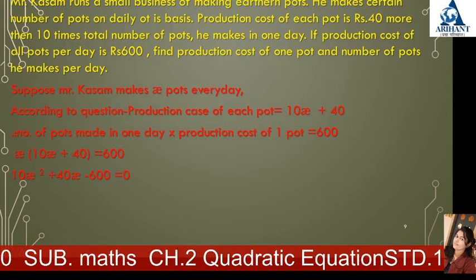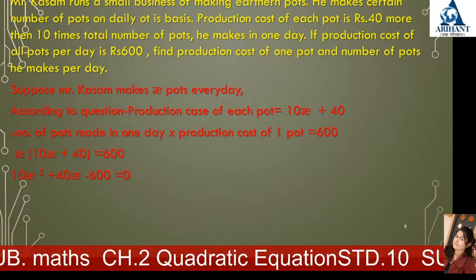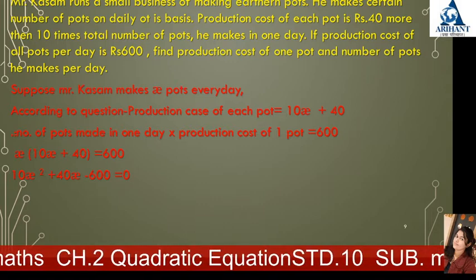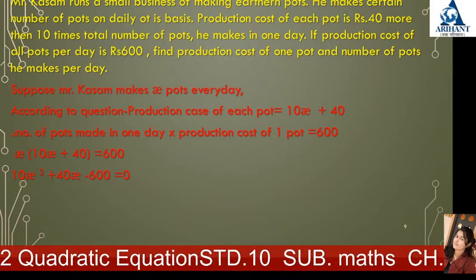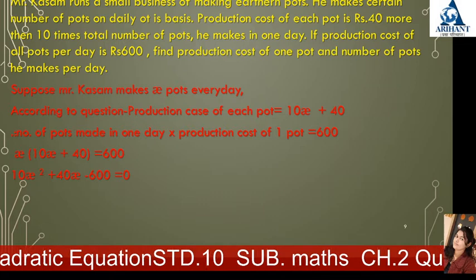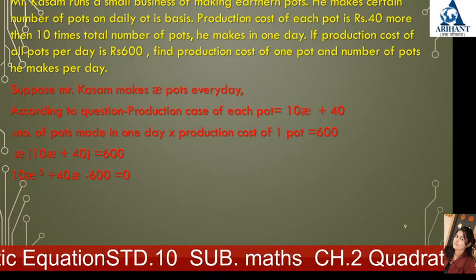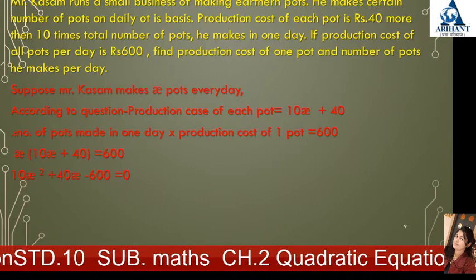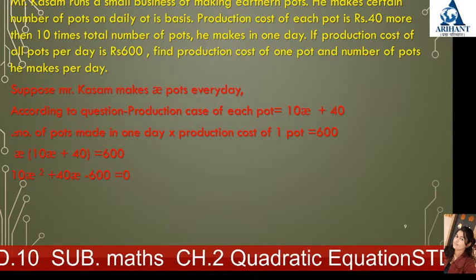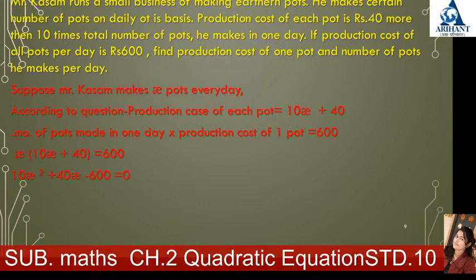So let's simplify. x into bracket 10x plus 40 is equal to 600. According to the example, we have to calculate the value of one pot and the number of pots he makes per day. So for that, go to the next step.